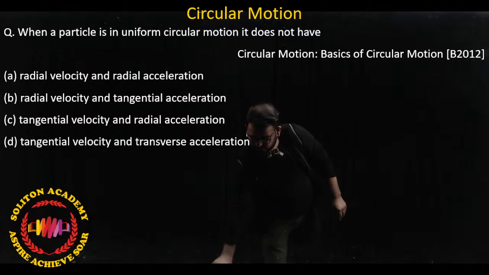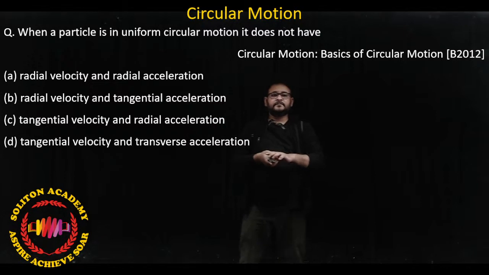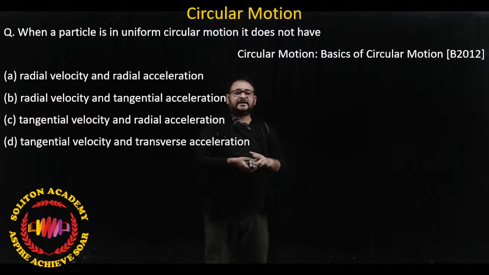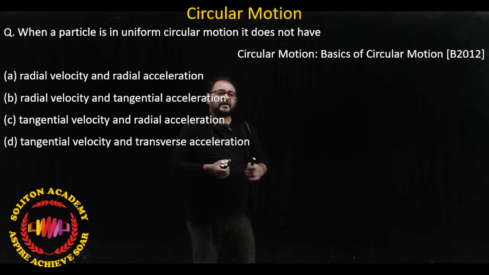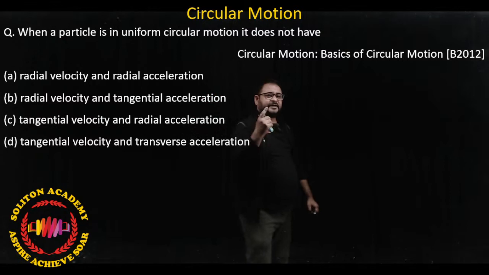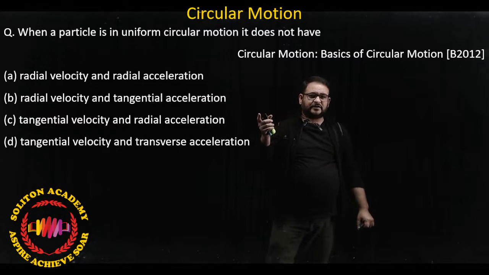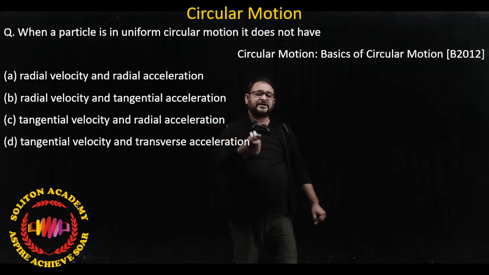Okay, so how would you look at this? When a particle is in uniform circular motion, it does not have... First option, radial velocity, radial acceleration, not possible. Radial velocity, tangential acceleration, not possible.